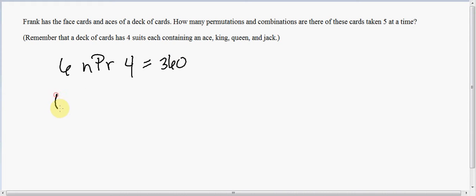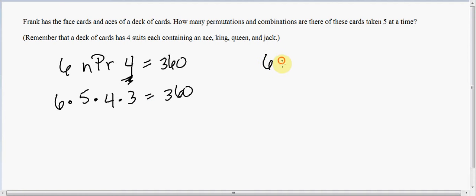Paper and pencil, you'd start with 6, and because of this 4 right here, you have to list 5, 4, and 3. That gives us a total of 4 numbers being multiplied together. When we do 6 times 5 times 4 times 3, hit equals on your calculator, it gives you 360. So you can do it either way.